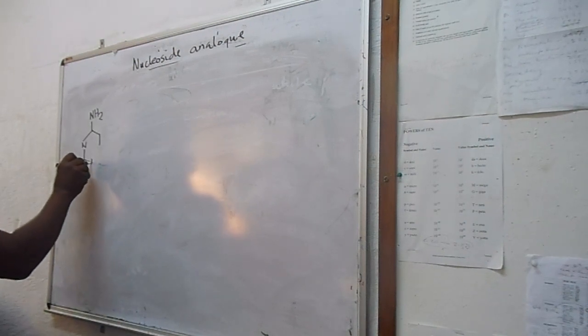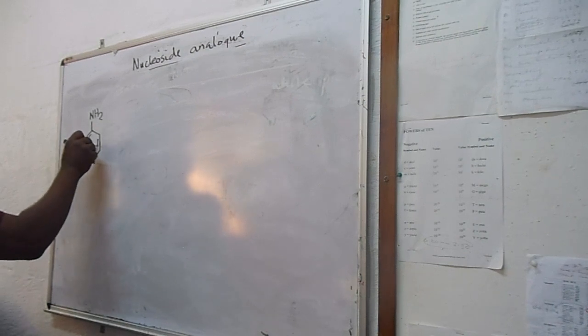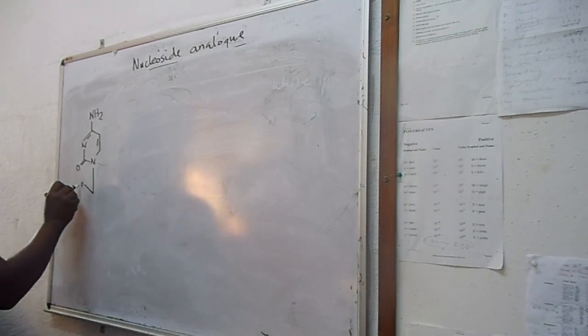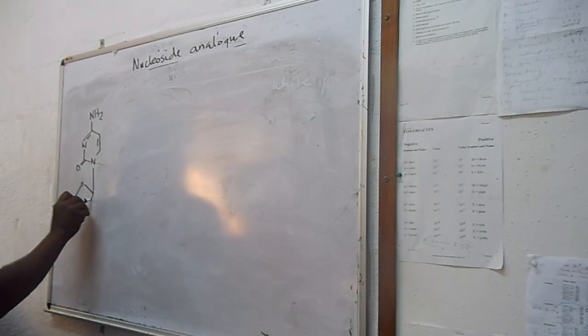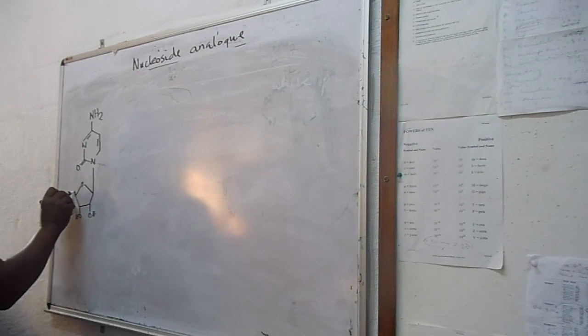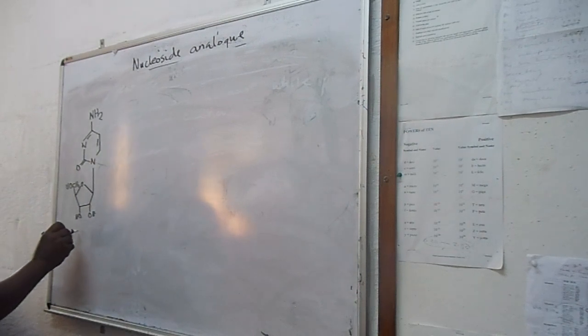a cytosine based nucleoside. Okay, so this is our cytosine attached to ribose sugar. This is ribose sugar. Okay, CH2 here, hydroxide there. So this is it. What is this?